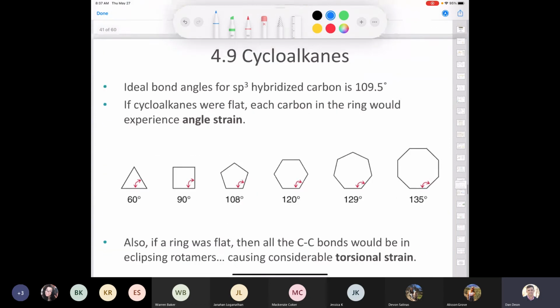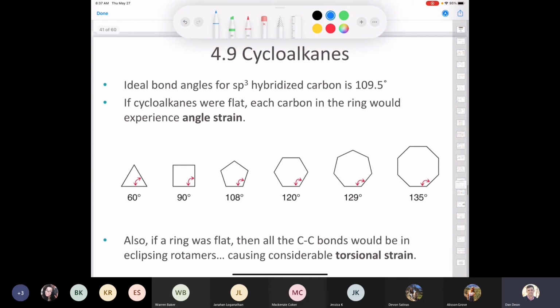All right, let's move on from there and talk about cycloalkanes. If you go back to the beginning of this chapter, we said we're going to talk about alkanes and cycloalkanes, and we started with the nomenclature of cycloalkanes. We even practiced naming some, which was really fun. We talked about cyclopropane, then cyclobutane, then cyclopentane, then cyclohexane, and then I even drew a cycloheptane for you, this one here.